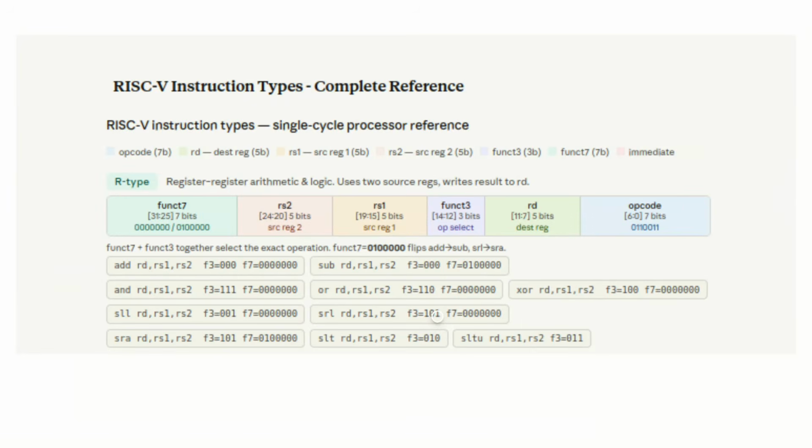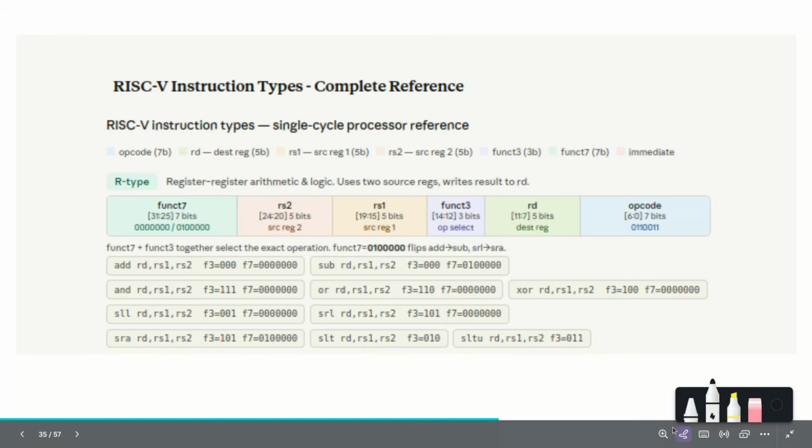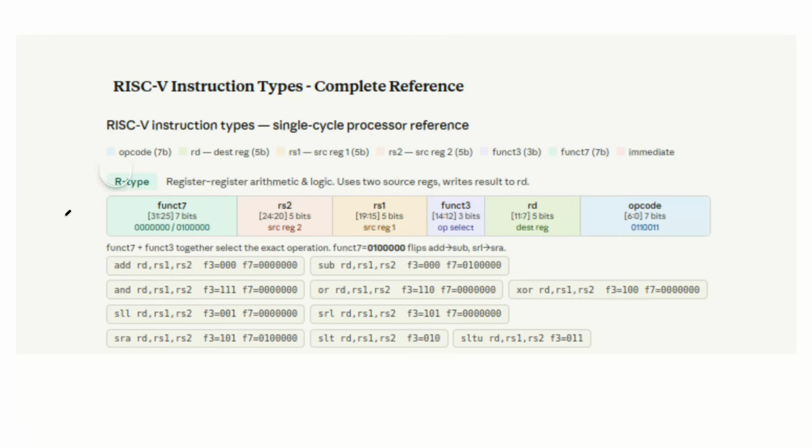For each instruction there is a different way to write its binary form. For example, for R type, you can see here this is one instruction, add RD, RS1, RS2.